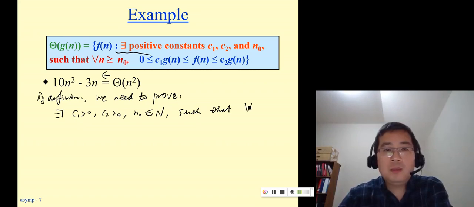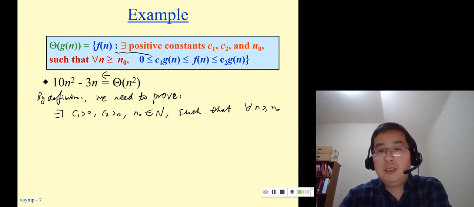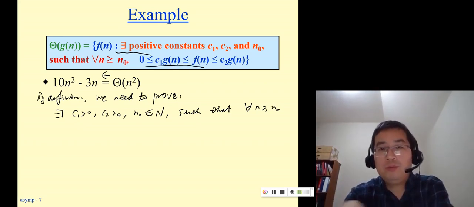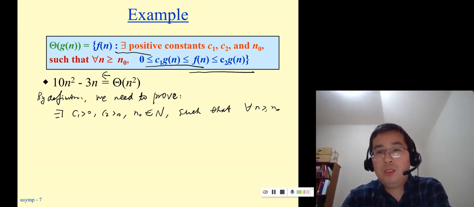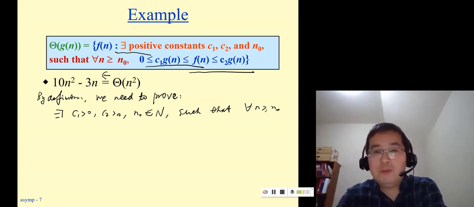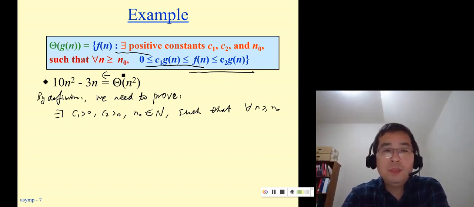for any n larger than n0, we can have two inequality equations, correct? We write it out as 2 because we need to solve C1, C2. The first one is f of n.